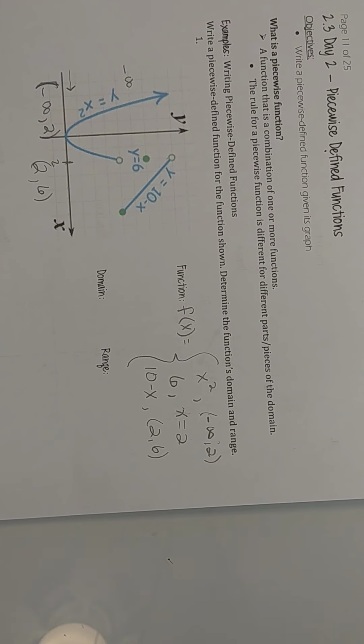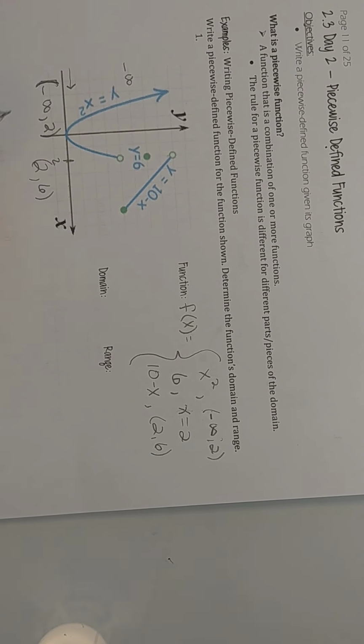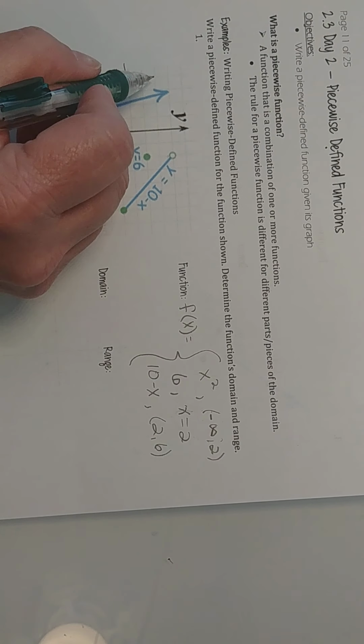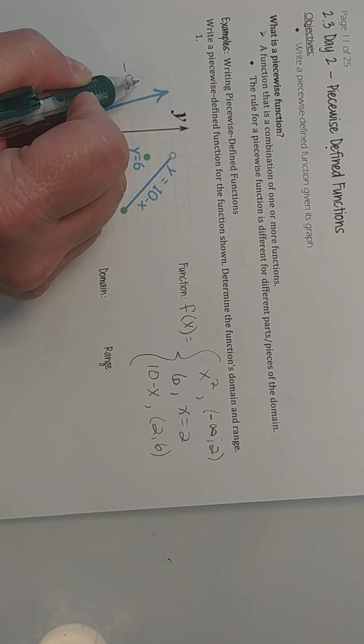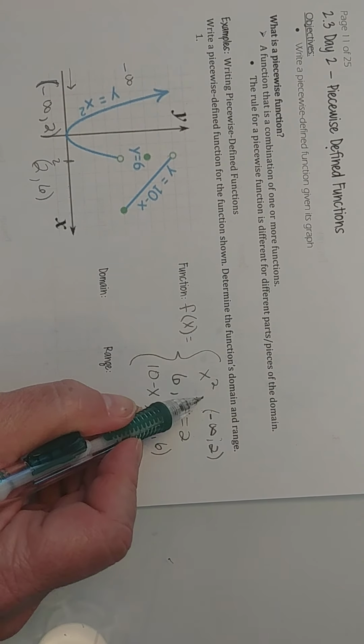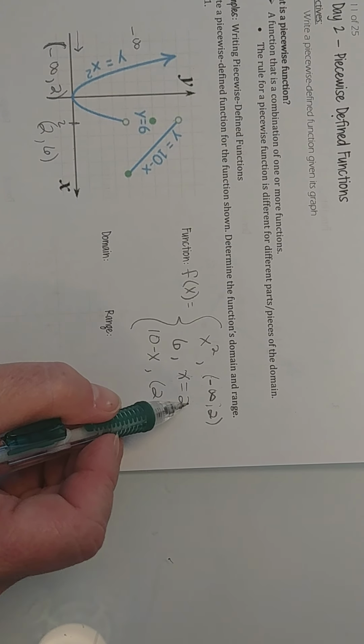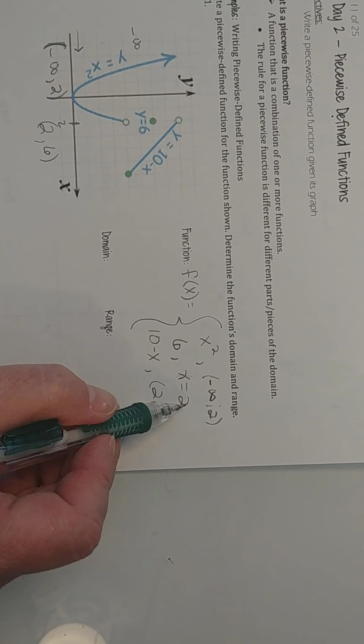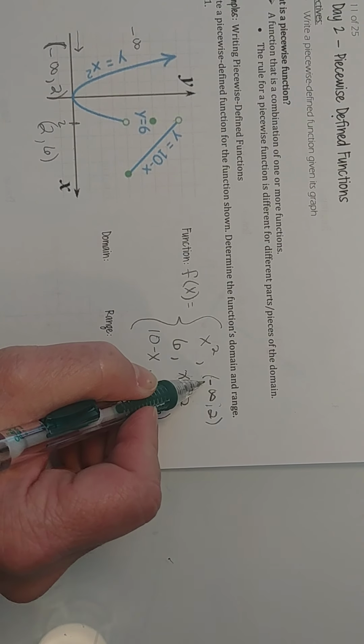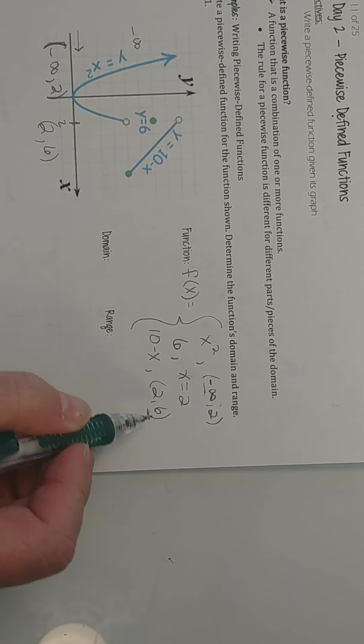Okay, so now they're asking, what's the domain? So the domain, it started over here, it's going to go to negative infinity, and that's what we said here, this starts at negative infinity, and it's going to go all the way to 6. So this is usually where it starts, and this is where it ends.